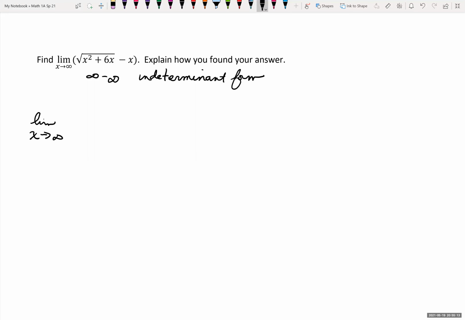There are a couple of different ways you can do that. How I did it was I multiplied by the conjugate in the numerator and the denominator. But we could also multiply by thinking of this as an LCD. It really depends on how you want to do it.